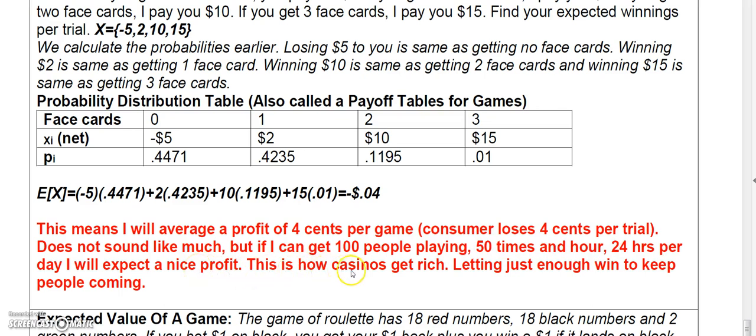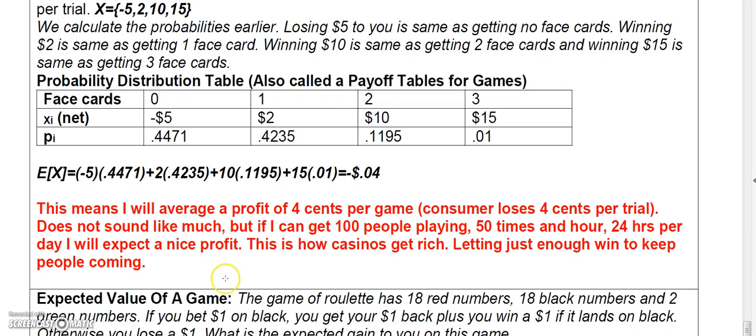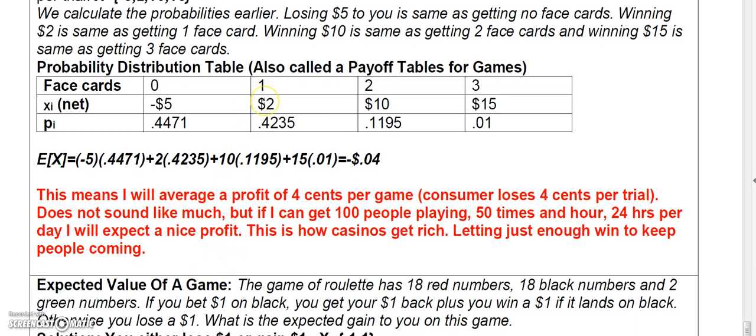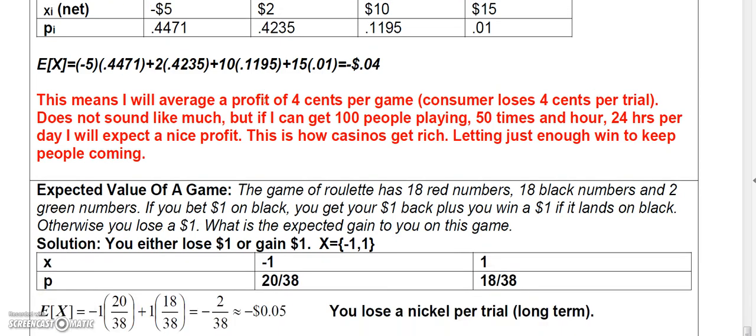And so this is how casinos get rich, letting just enough win to keep people coming. So in a casino game, the average person may not lose that much per trial, but there's so many trials that it adds up.